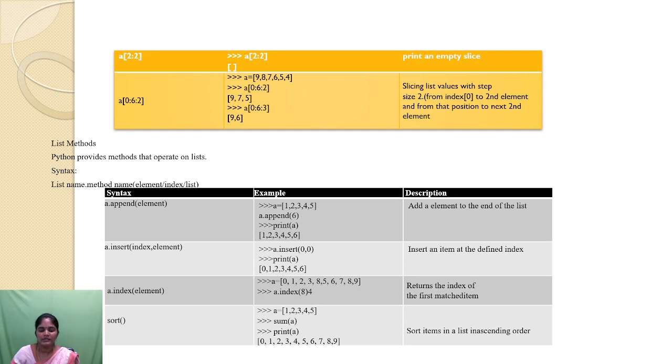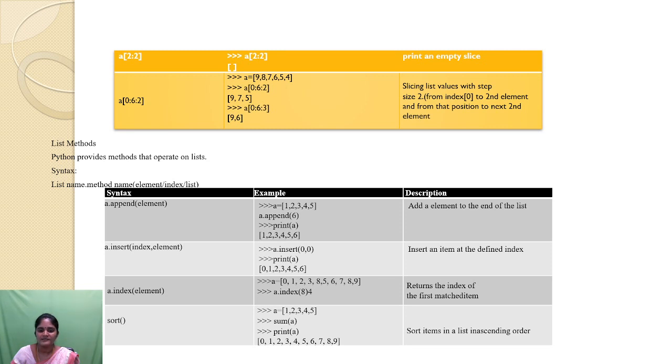Here I included the list values 9 8 7 6 5 4, and I give the operation a[0:6:2]. The starting index is 0, so it starts from 9, and the ending index is 6, that is up to 5.